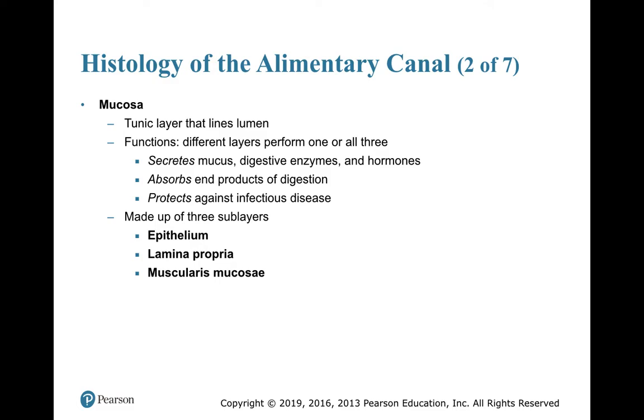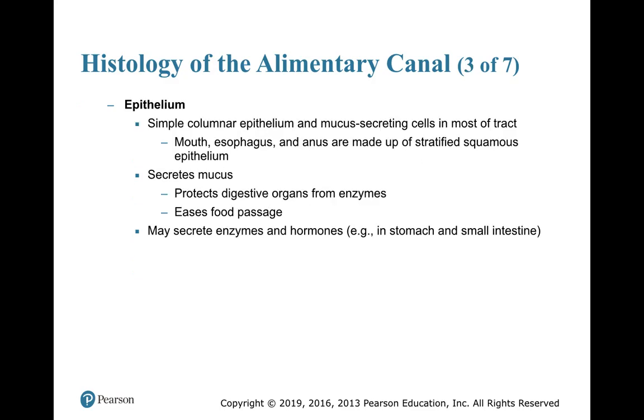It's made up of 3 sublayers: epithelium, lamina propria, and muscularis mucosae. That epithelium is columnar epithelium and contains mucus-secreting cells in most of the tract. However, in the mouth, the esophagus, and the anus, where we have more friction and more loss of cells, it would be stratified squamous epithelium.